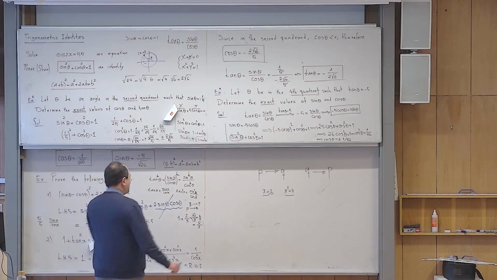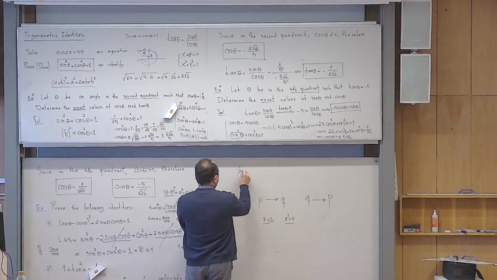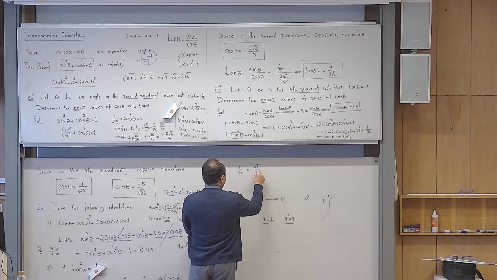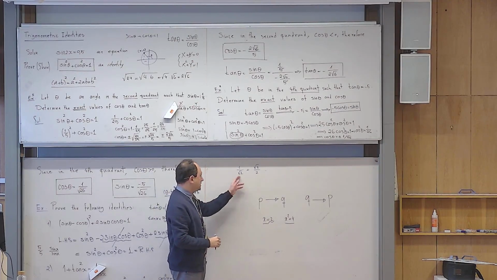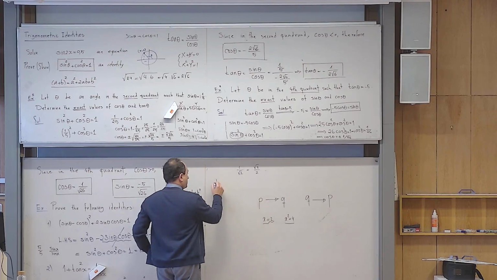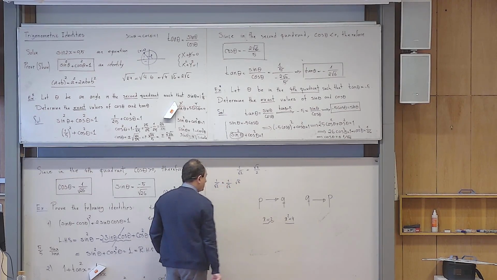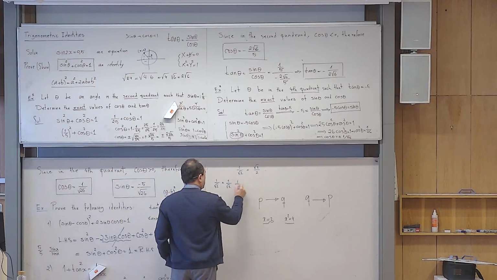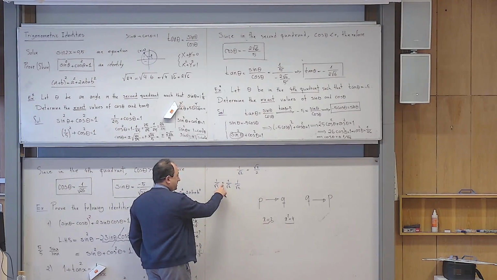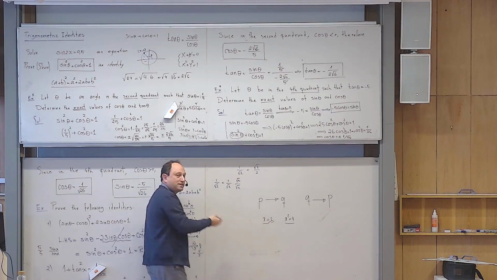For example, if I want to prove that 1 over square root of 2 is square root of 2 over 2, let us take this as an identity. I want to prove this is true. So I start from the left-hand side, and I cannot do it like that because I am writing equality. I cannot write this, or I cannot, for example, do it like this because I won't say this is equality. But I can do something like this. If it is useful or not, that is another problem.